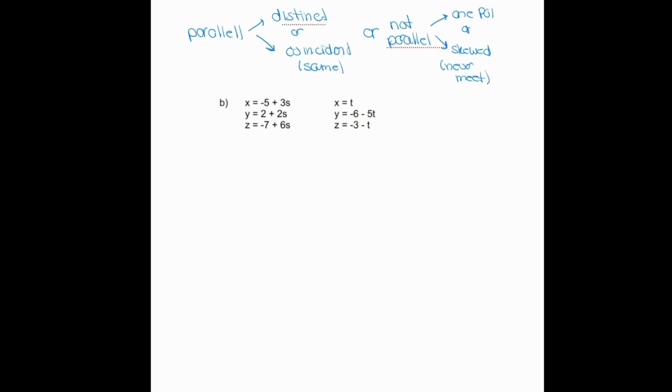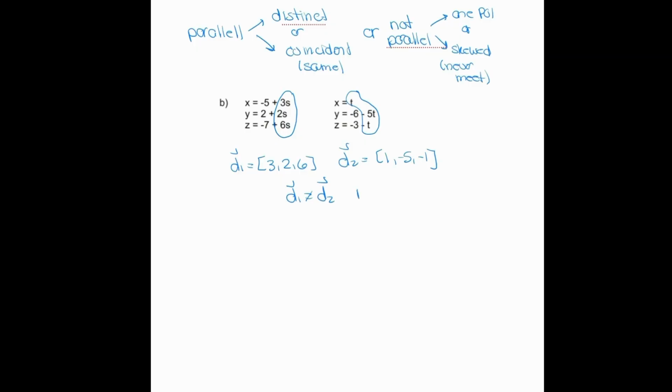So again, we're going to start by checking the direction vectors to see if we have parallel lines. Now this time we have two parametric equations, and the direction vectors will be just the coefficients that are attached to the scalar multiple for each equation. So for line 1, we have a direction vector of 3, 2, 6. For line 2, we have a direction vector of 1, -5, -1. So I think we can see that they are not going to be scalar multiples of each other.